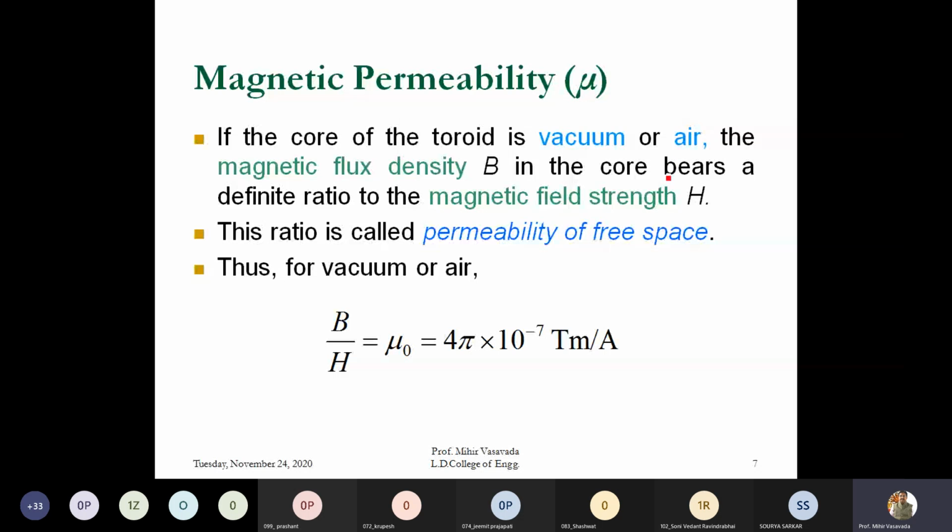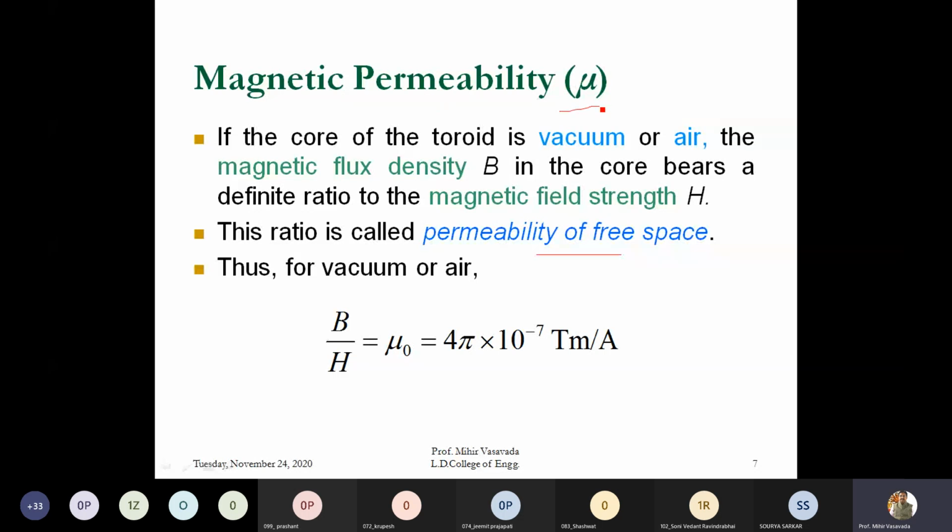Permeability is the ability of magnetic material to establish the magnetic flux in the magnetic circuit. And it is in relation with flux density B, where B is the flux density, phi upon A. The relation between the flux density and magnetic field intensity is established by the permeability mu.